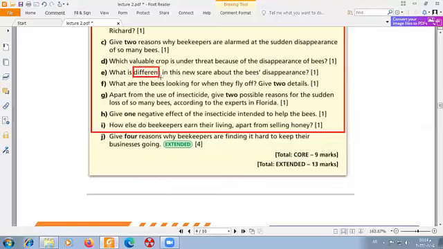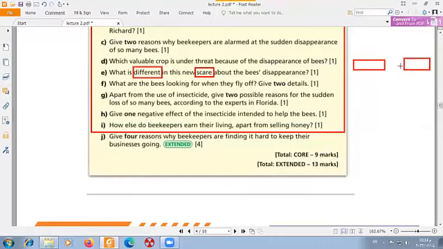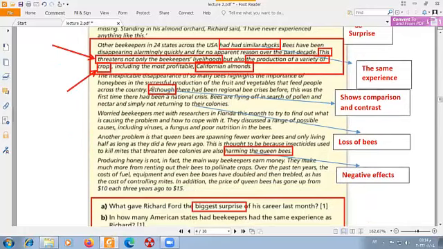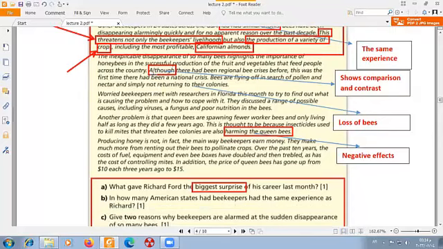What is different يعني معناها ايه؟ انه في حاجة in the scare of the bee's disappearance is different. يبقى معناها انه في حاجة كانت before وحاجة بقت after عشان تقدر تحدد انه في difference. طيب تعالوا نشوف what is different. هنا بيقول لك ايه although وهير the comparison اللي احنا اتفقنا عليها انه using the word although shows comparing and contrast similarities and differences. هنا بيقول ايه يا شباب؟ بيقول although there had been regional bee crisis before. يبقى ده معناها انه في كان crisis اهو يعني problem يعني issue crisis.